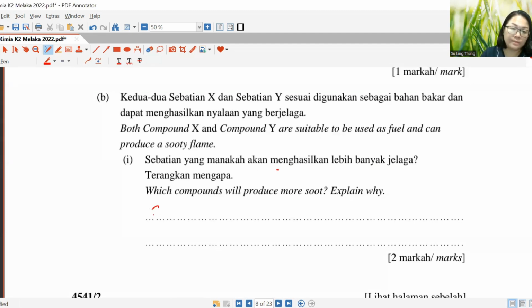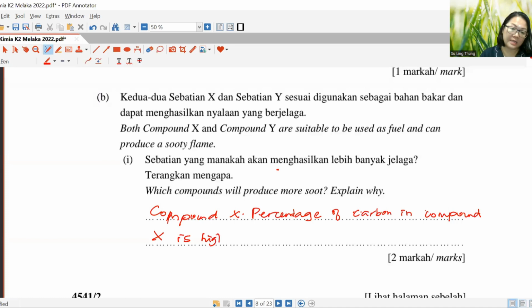Because why? You have to answer the question first. Compound X, because the percentage of carbon in compound X is higher than compound Y. That is the reason.